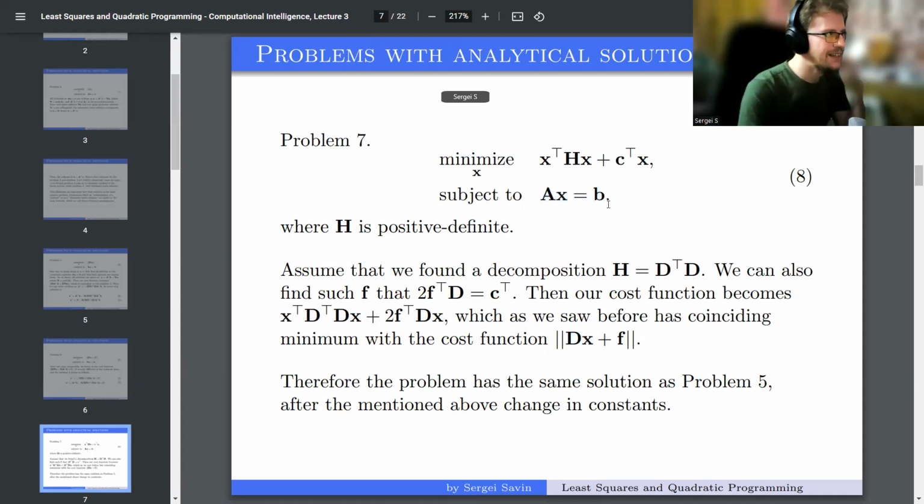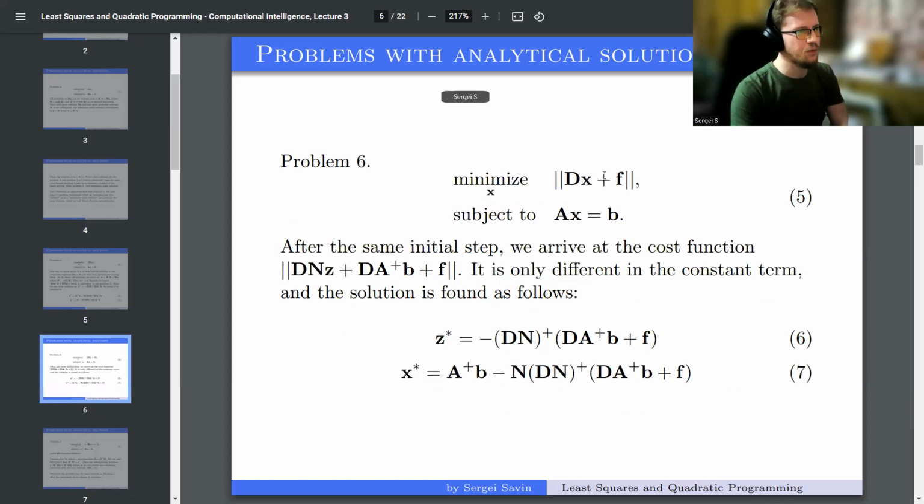We knew how to solve the previous problem, so we know how to solve this problem. The only difference is that we first need to compute d as the square root of h, and then we have to compute f as 1/2 d inverse transposed times c. That is it. Interesting, right? We can solve this problem because we have seen how to solve this problem.